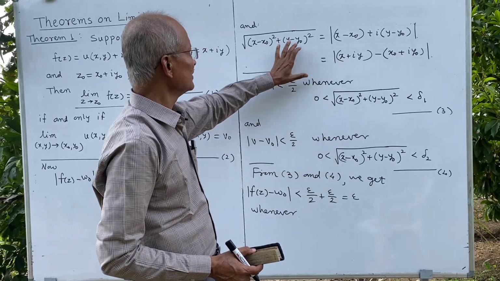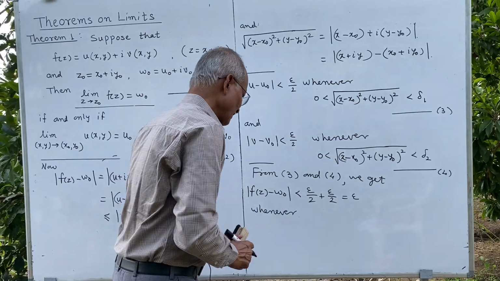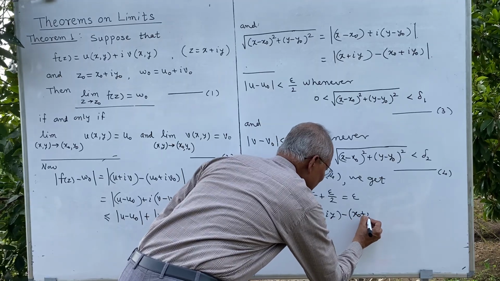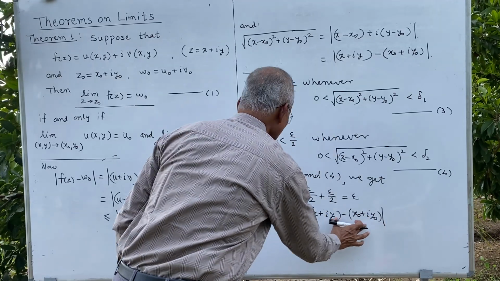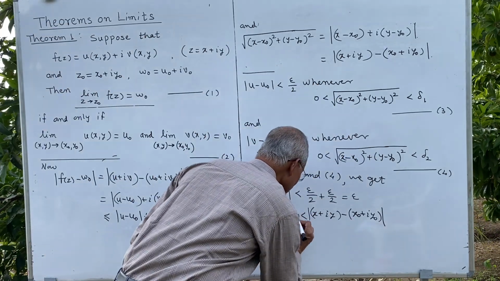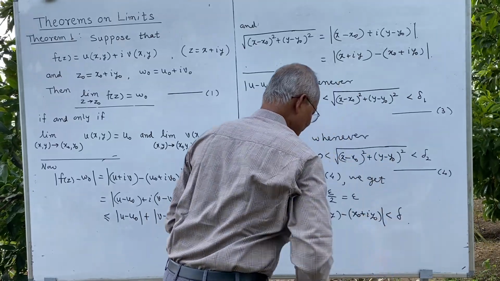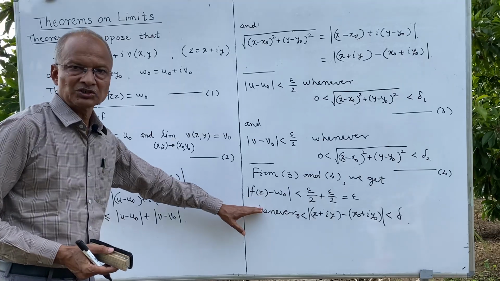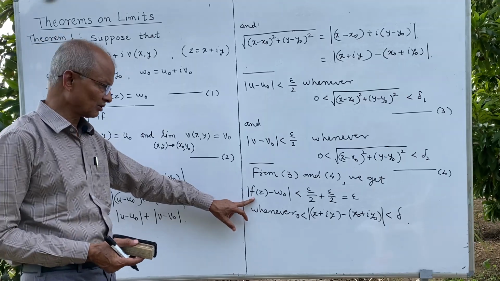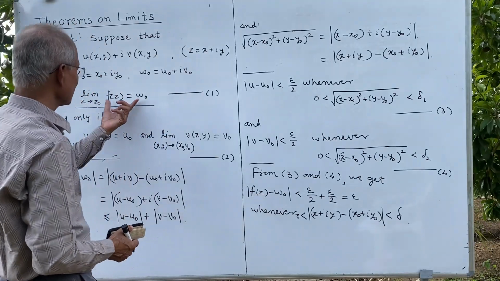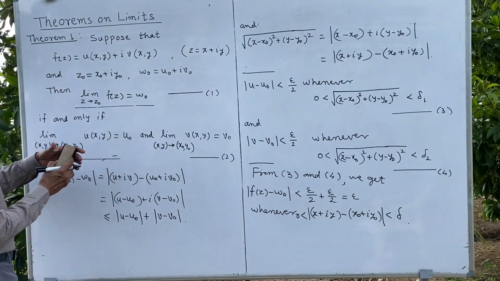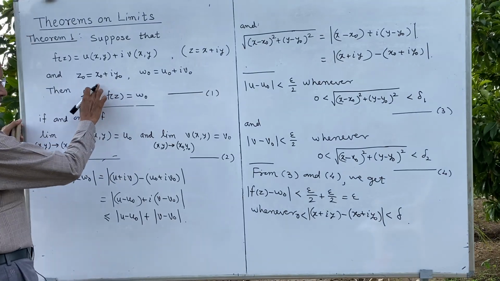and this means what? Whenever mod of x plus I y minus x naught plus I y naught, and this means z minus z naught, is less than delta, and thus this shows, for every epsilon greater than 0 there exists delta greater than 0, such that mod of f z minus w naught is less than epsilon whenever the absolute difference of z and z naught, z is x plus I y and z naught is this one, is less than delta.